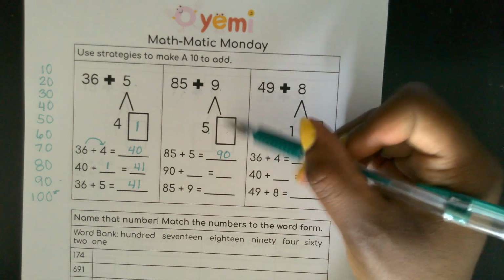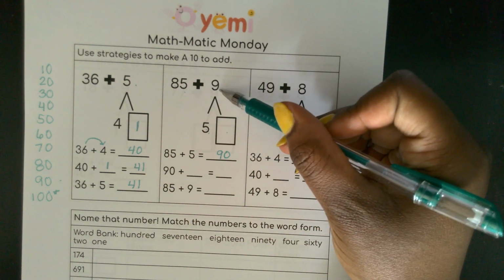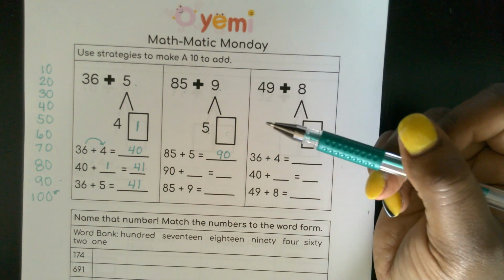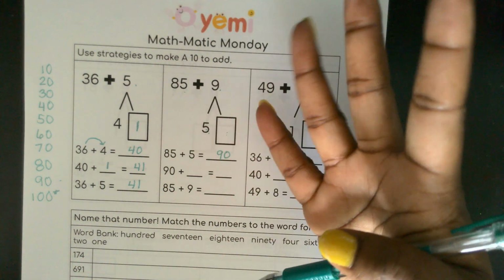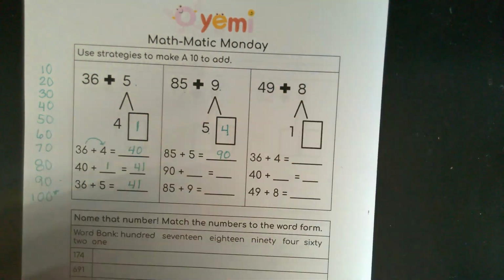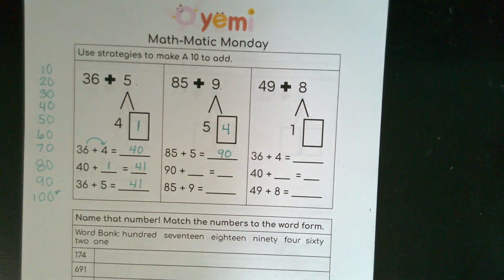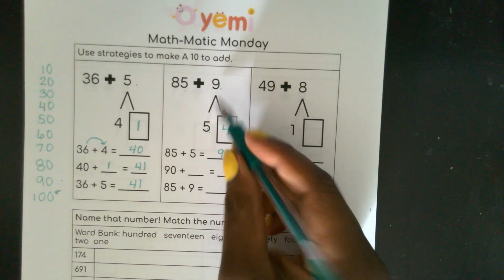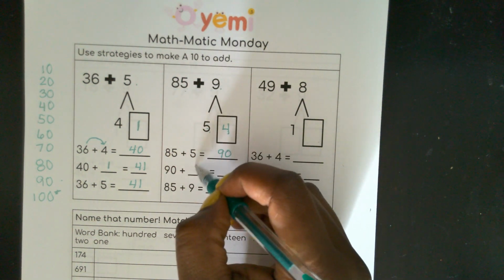Now, how much more do I need to get to this 9? 5 plus what gives me 9? 4. I need 4 more. 5 plus 4 is 9. So now that I know that 5 plus 4 is 9, I know 4 is what's missing here.